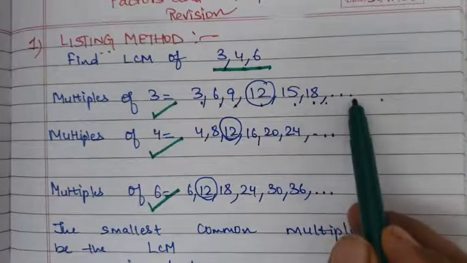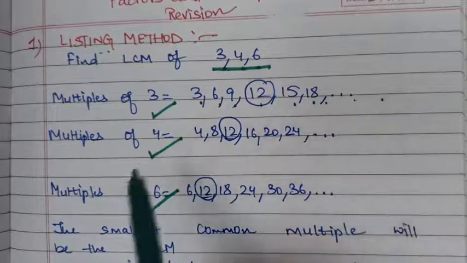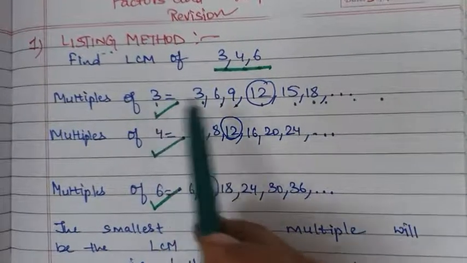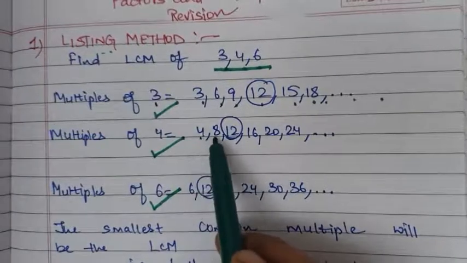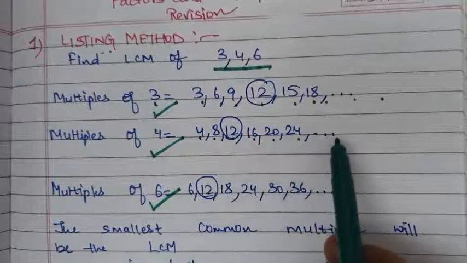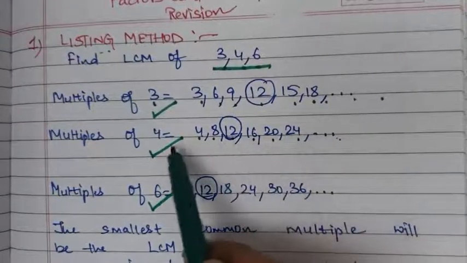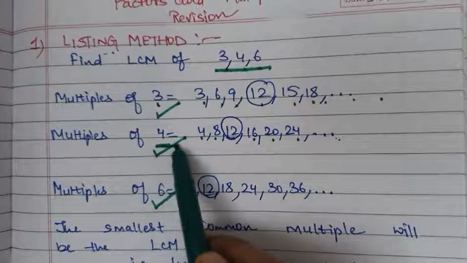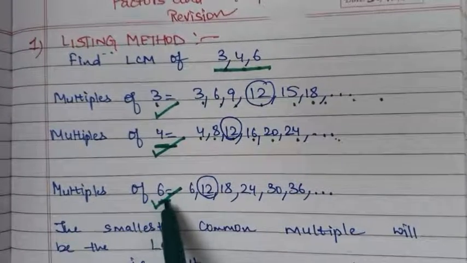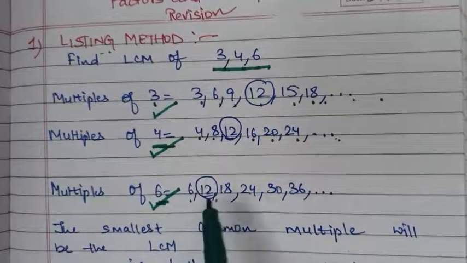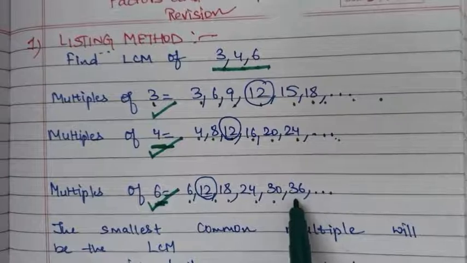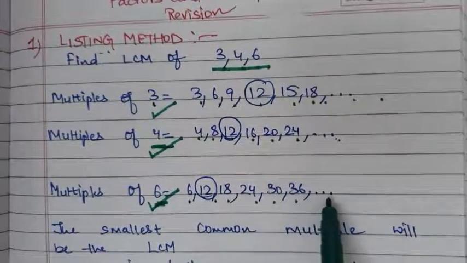You can also write more. These are the multiples of 3. Now 4, 8, 12, 16, 20, 24 and so on. These are the multiples of 4. Next, the multiples of 6 are 6, 12, 18, 24, 30 and then 36 and so on.